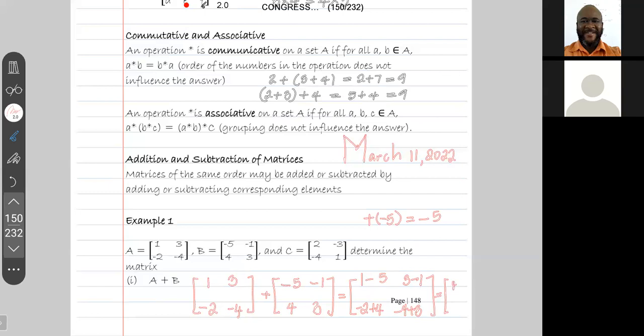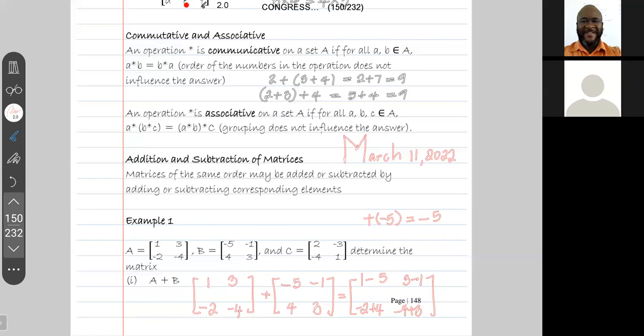All right, we're having a space issue here. Our final answer is going to be minus 4, 2, 2, minus 1. It's going to be minus 4, 2, because 1 minus 5 is minus 4. 3 minus 1 is 2.